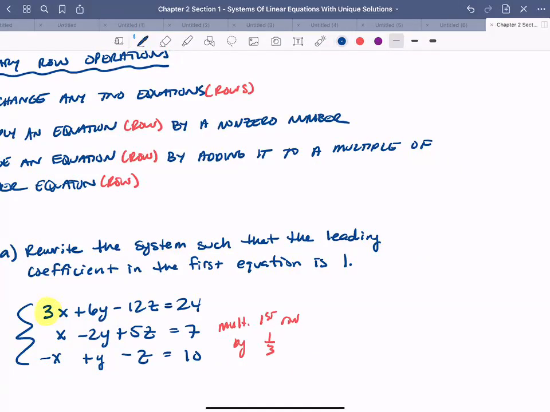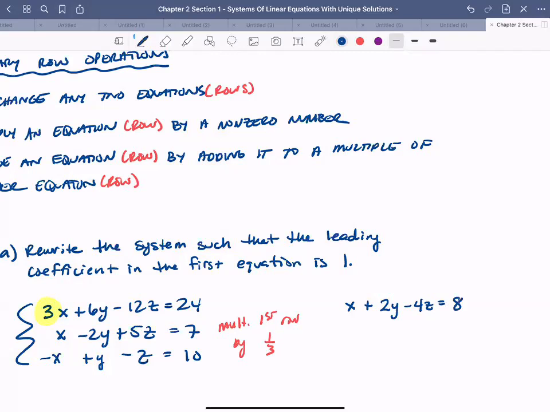When we do that, you are taking everything in that first equation and multiplying it by 1/3, or dividing it by 3 if you can put it that way in your head. So 3x times 1/3 just gives you x back. 6y times 1/3 gives you your 2y. Negative 12z times 1/3 gives you minus 4z. Lastly, 24 times 1/3 gives you 8.